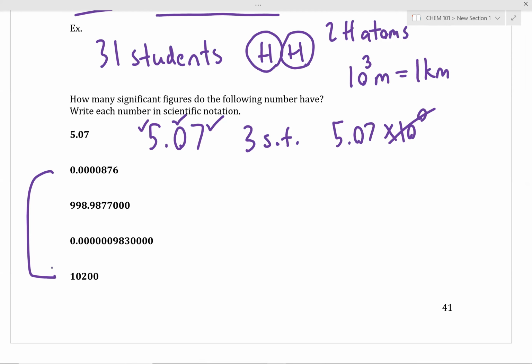Any questions? Okay, looking at the second number, after the 5.0, are those zeros after a non-zero number? Are they just before any non-zero?